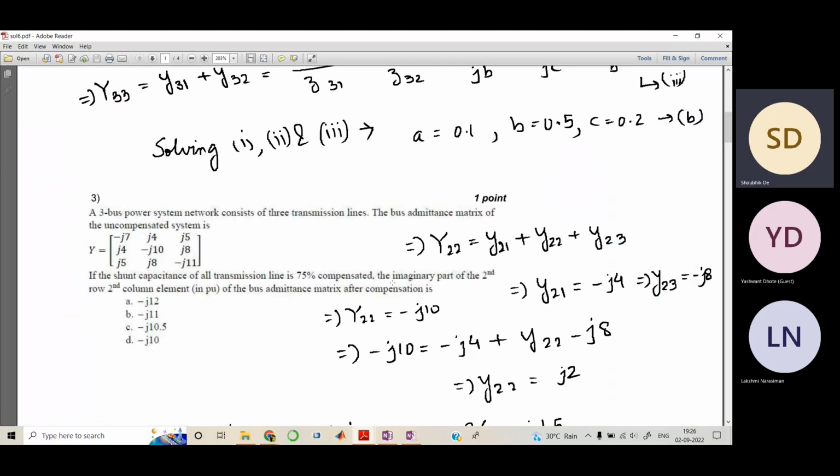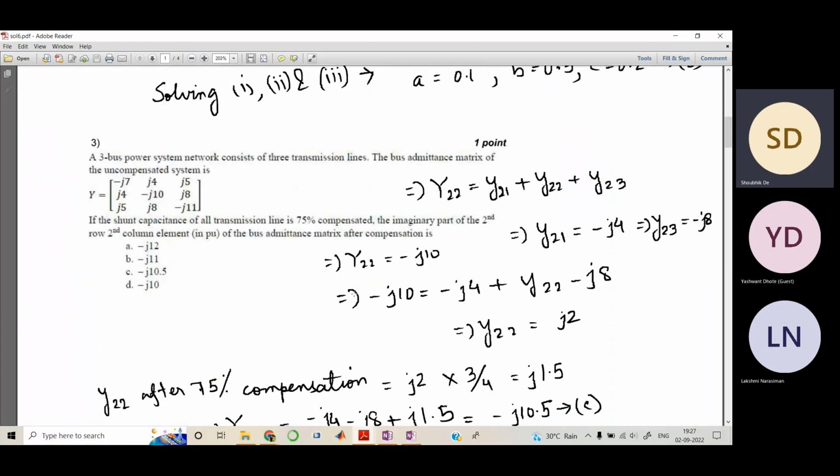And then they are asking for the imaginary part of the second row, second column. As soon as they tell the second row, second column, we should directly concentrate on the second row itself, right? The imaginary part of the second row, second column element in per unit of the bus admittance matrix after compensation.